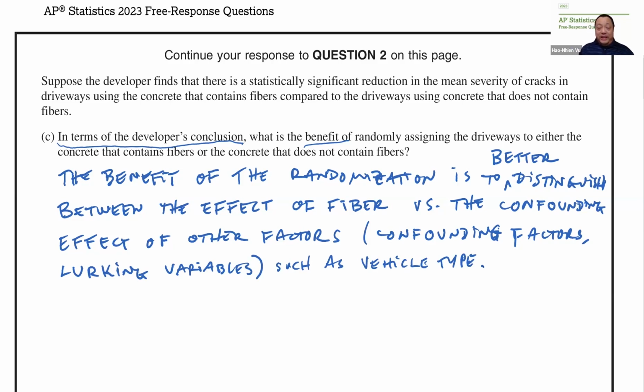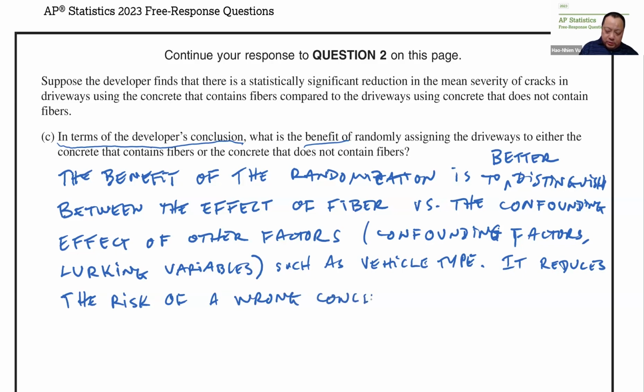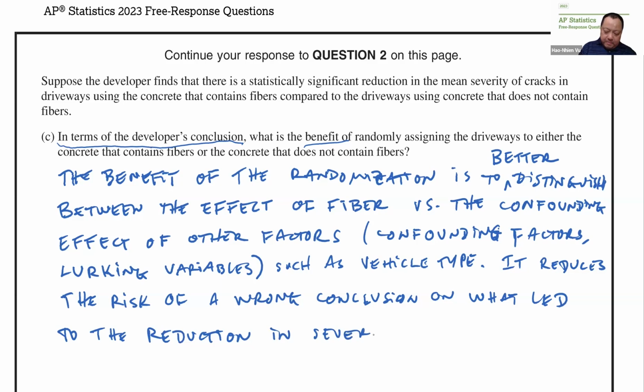Now, what we have here is a controlled experiment, and controlled experiments are supposed to allow us to prove causation. So we might as well say something more about causation, just in case. I'm going to say it reduces the risk of a wrong conclusion on what led to the reduction in severity of cracks.